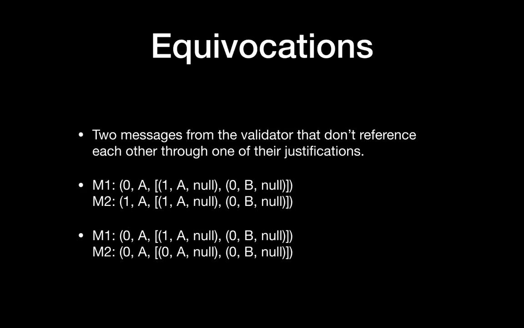So it's either you see a validator with the same justification but with different values, which means the second message was supposed to build on the previous one, but it doesn't. Or you see a validator that sent the same value, but with two justifications that also don't reference each other. So I believe those are the two cases that could be.